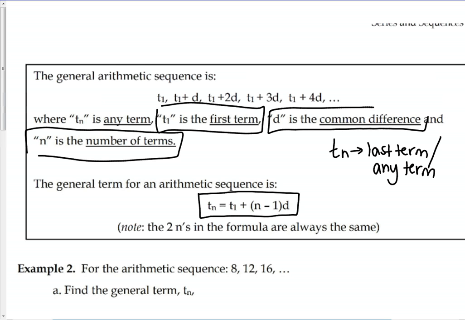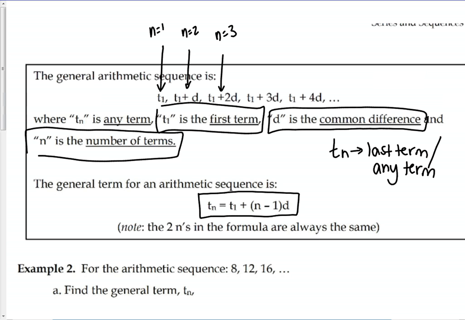And let's see how the formula is made. If we look at this, would you agree that T1 is the first term? Yes. What's happening here? The common difference. Yeah. So the second term is the first term plus 1 common difference. Okay? The third term, so this is the first term, n equals 2, n equals 3.